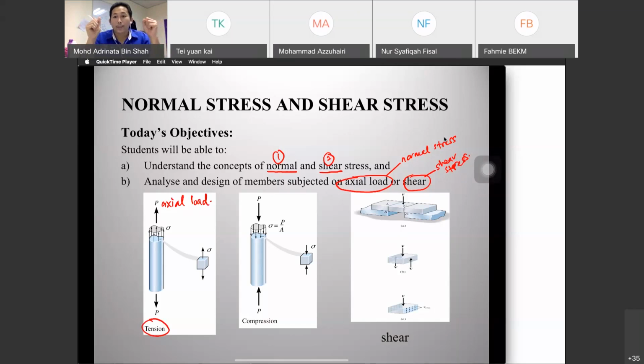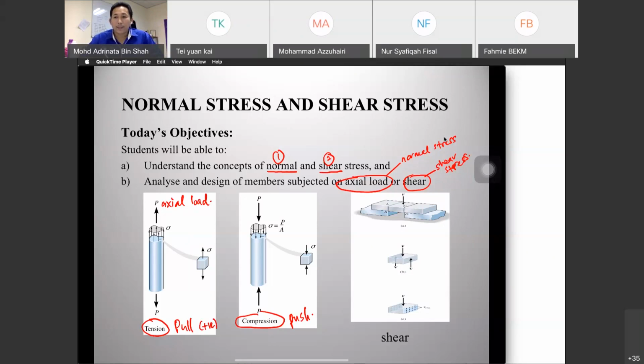When it is a push, we call it compression. So this is pull and this is push. Normally for tension, we note it as a positive value, and for compression, the sign is negative.